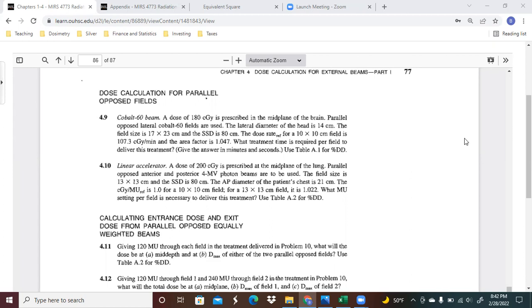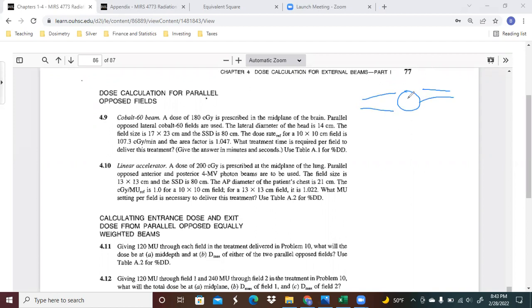Now, since this is going to be a whole brain, let me show you what we're going to be talking about here. So we have a patient lying on the table, and we're looking down through the top of their head. We're going to have a beam on this side, and then a beam on this side.